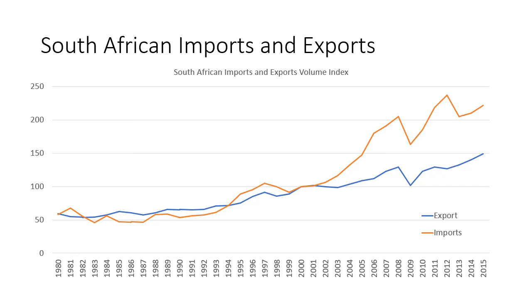Prior to that, we find that imports and exports were quite stable, wasn't really growing, but that is generally because most of the world closed itself off against South Africa.